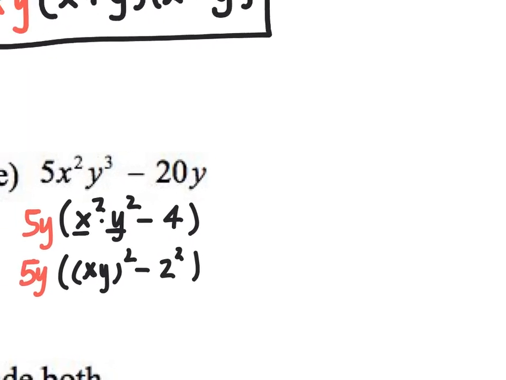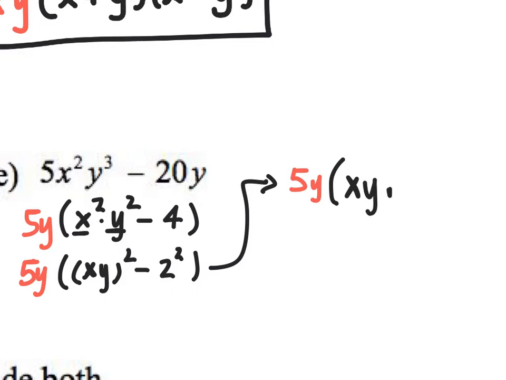So from here, this is just going to give me 5y, and then parentheses, xy plus 2, and then xy minus 2.